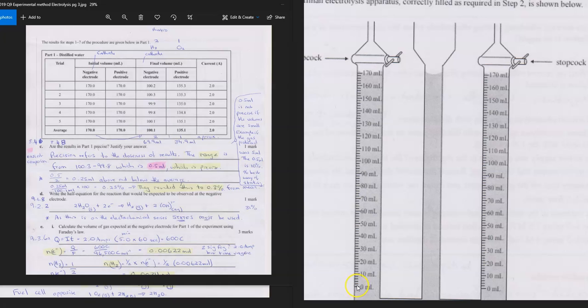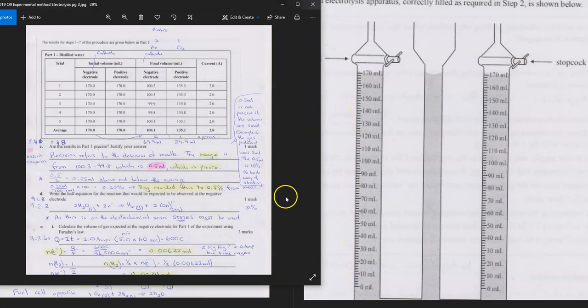To measure that in 10 parts to get 0.1 of a mil is too difficult. We're basing our precision on measuring to 0.5 of a mil, when it's very difficult to use that on this scale.